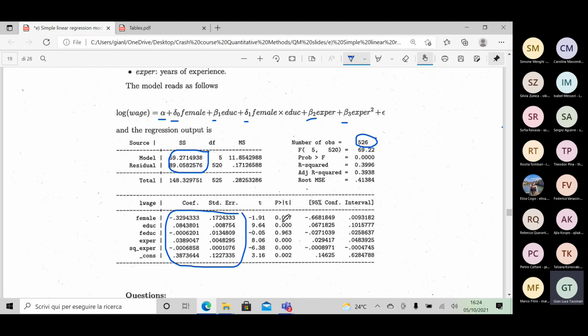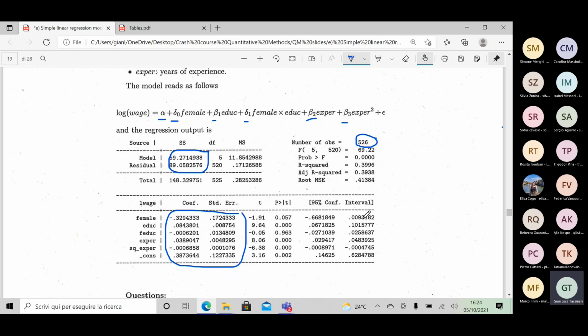So, I repeat, the computation to get this number is the following: delta 0 hat, minus, because we compute the lower extreme first, 1.96 times what? The standard error. If you do this computation, you get exactly this number. This is instead the upper extreme of the confidence interval: delta 0 hat plus zeta alpha over 2, which is 1.96, times the standard error. So these are the extremes of the confidence interval.